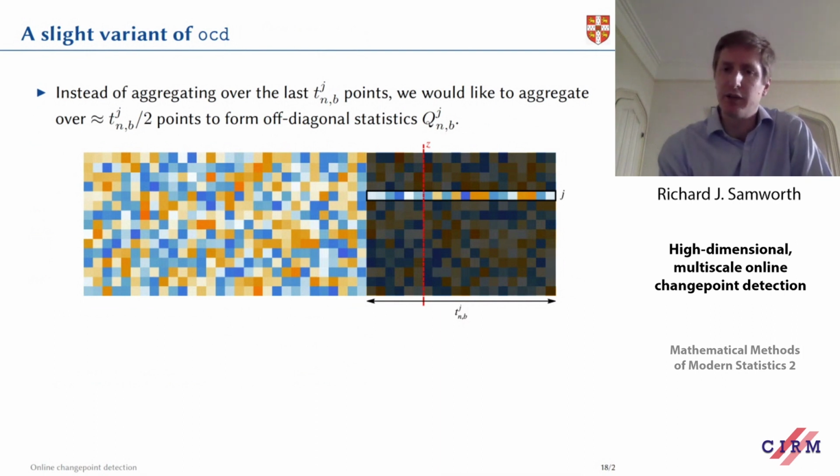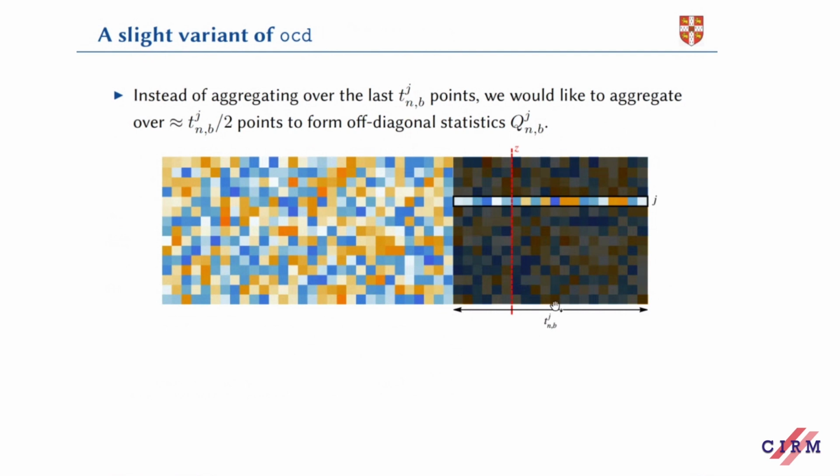And that's going to be pretty difficult for us to control, particularly for the worst case response delay, where we need to take an essential supremum over all pre-change sequences. The issue here is that as we observe each new observation, we either increment this statistic by 1 or we set it back to 0. But if we keep incrementing it by 1, then we're not guaranteed that we're only aggregating over post-change observations.